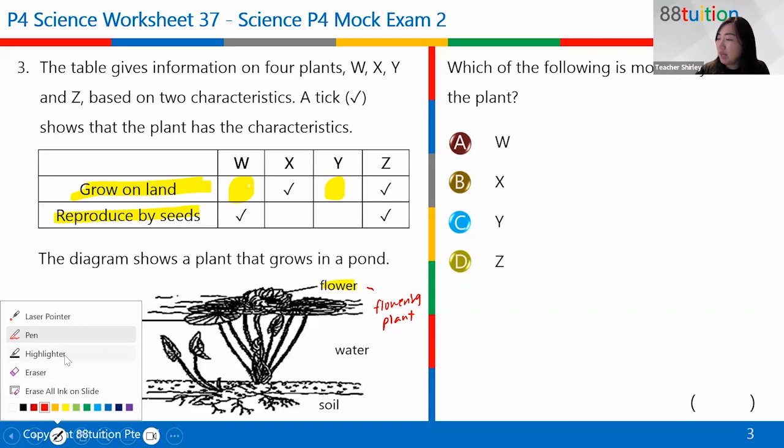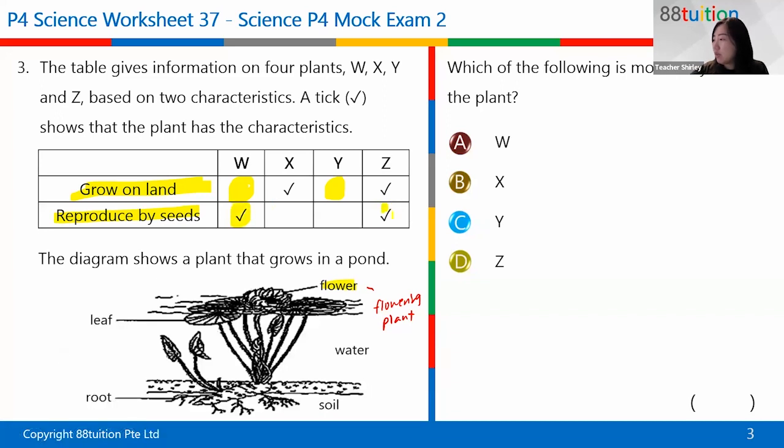So therefore, in your answer, it must have a tick over here. Okay, so the answer is W, right? A. So which of the following is most likely to be the plant? It has to be W, because W grows in water. It doesn't grow on land. And it reproduces by seeds, which meets all the descriptions over here. Okay, so the answer is A.